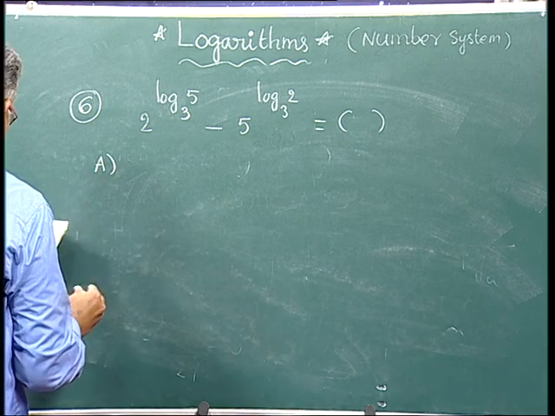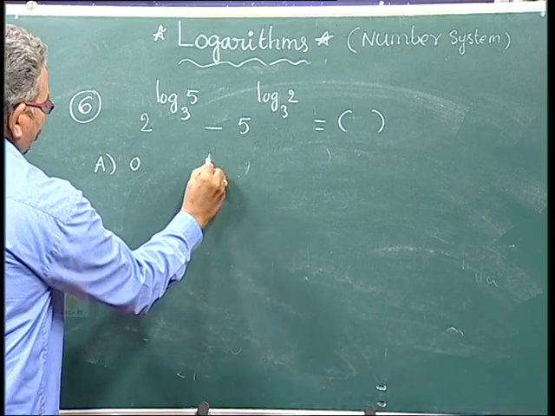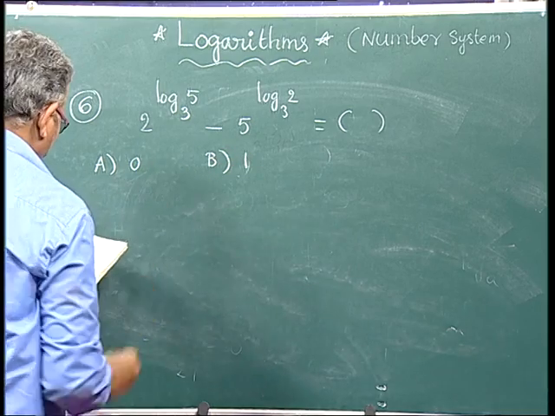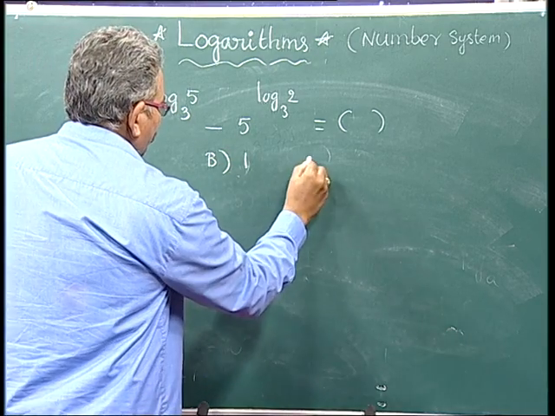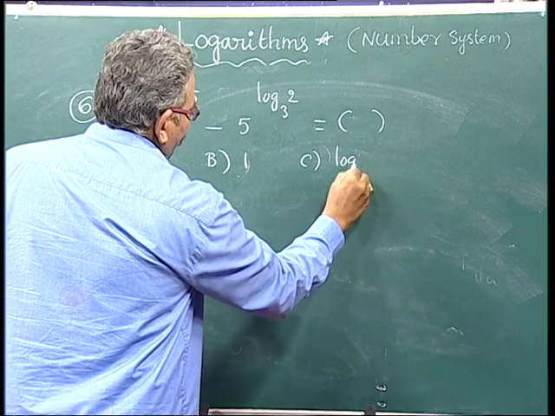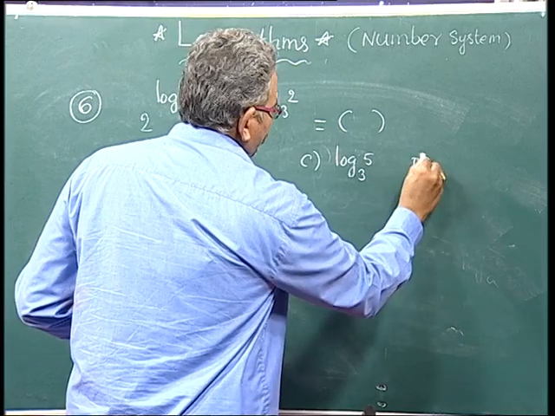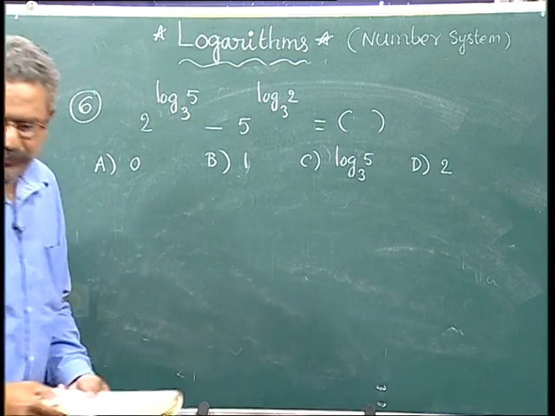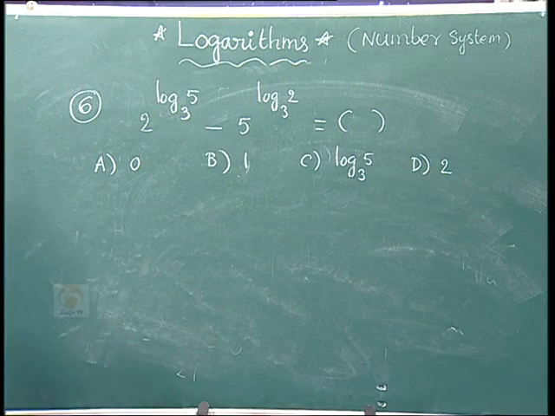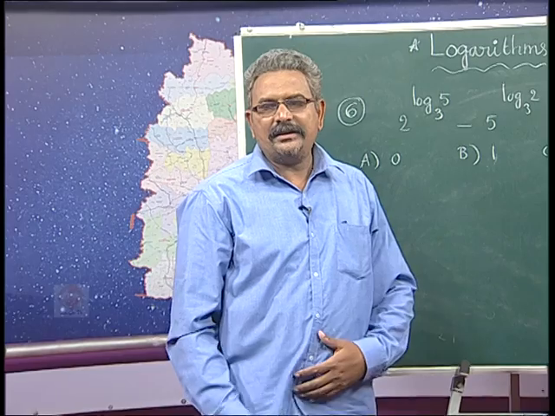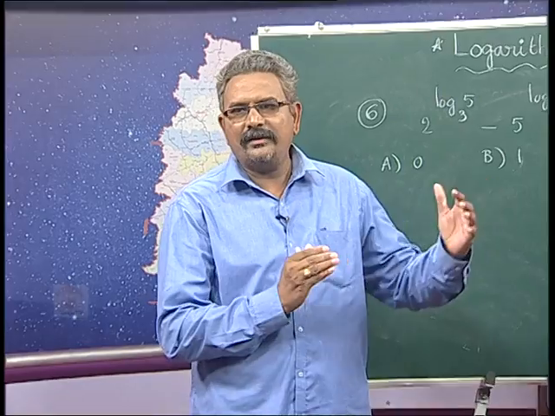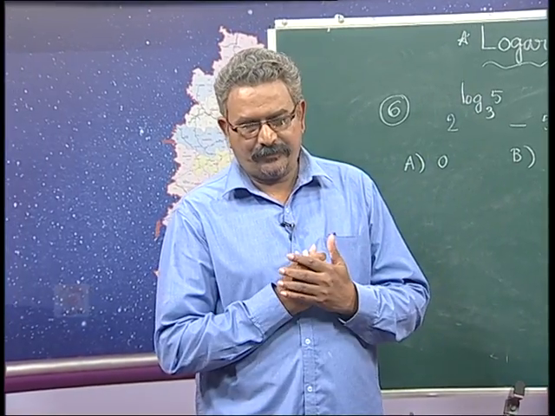Options: A 0, B 1, C log 5 base 3, D 2. So, this problem seems to be typical, but it is based on one simple concept.